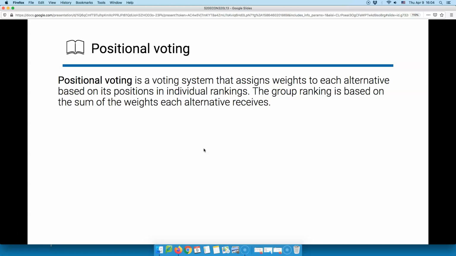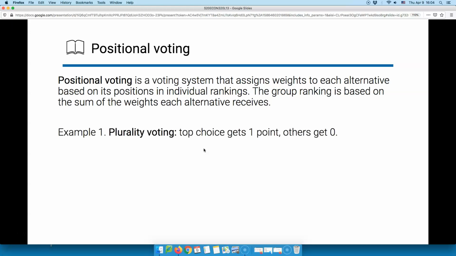And the simplest example of positional voting is called plurality voting. Plurality voting simply says for each voter, for each agent, each group member, the top choice, their top alternative, gets 1 point, and all other alternatives get nothing. And you can encounter plurality voting in presidential elections. I'm going to focus on one particular example.